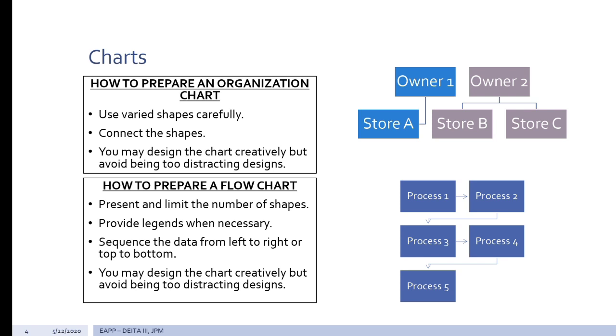With organization charts, we need to identify the relationship, and therefore we need to use solid lines. When you're using lines, you can use solid lines to represent direct relationship, or broken lines to illustrate indirect relationship from one variable to the next. So that's how you would prepare an organization chart.